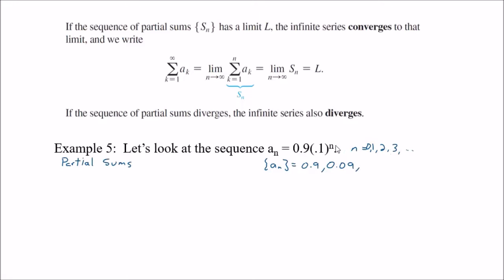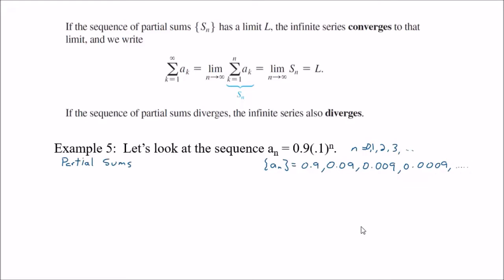If we let n equal 2, 0.1 squared is 0.01, or 1/100th, times 0.9. So it's just going to move the decimal 2 places. If we let n be 3, we get 0.1 to the third, which is 0.001 times 0.9 is just going to move the decimal 1 more place, etc. Okay, so that is A sub n.